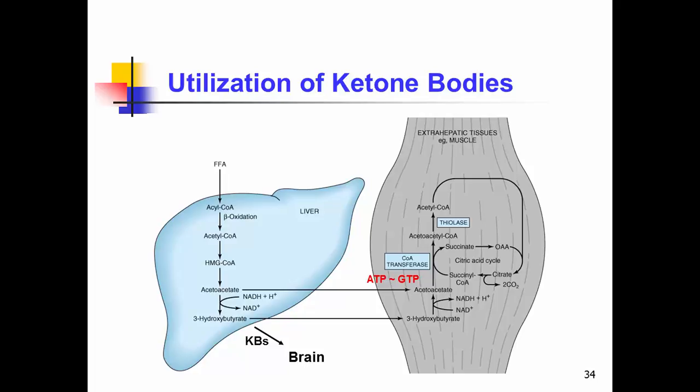These two ketone bodies are released into circulation and picked up by other tissue. Here we use muscle as an example of how ketone bodies are utilized for energy generation.